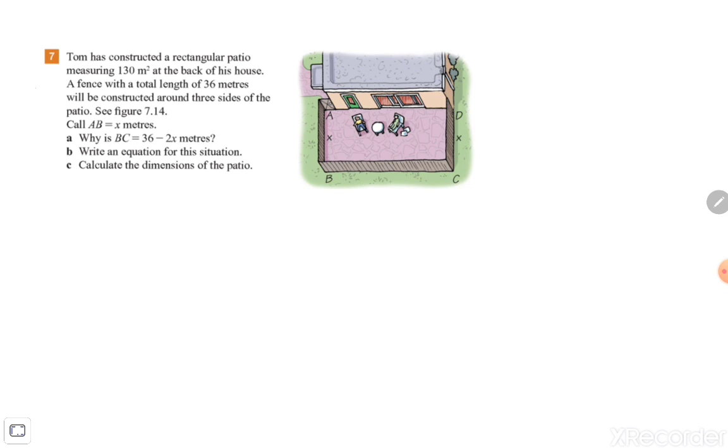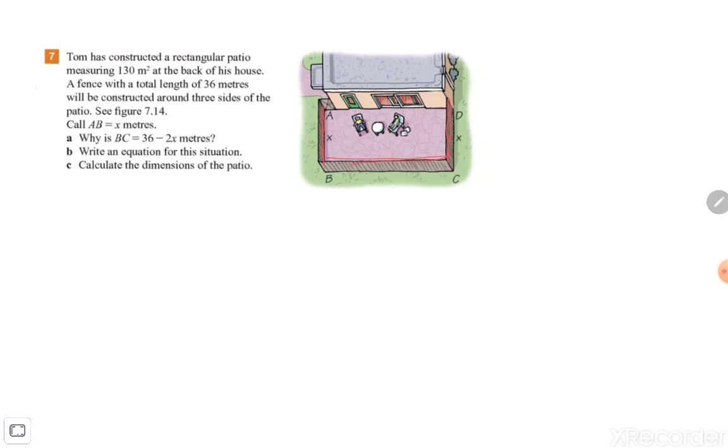And the question with A is, why is BC 36 minus 2x? Well, in the assignment, they already told you that from A to B to C and then to D is already 36 meters.